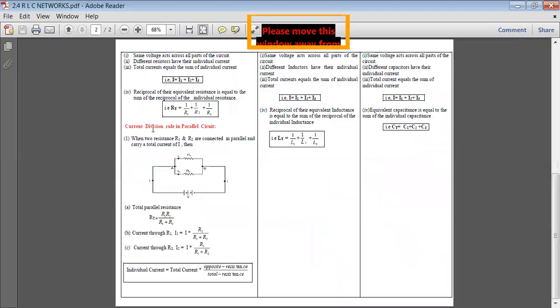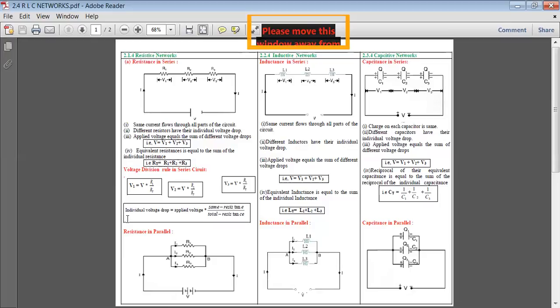So I can say use the formula: individual voltage drop is equal to the applied voltage into the same resistance by the total resistance. Clear?